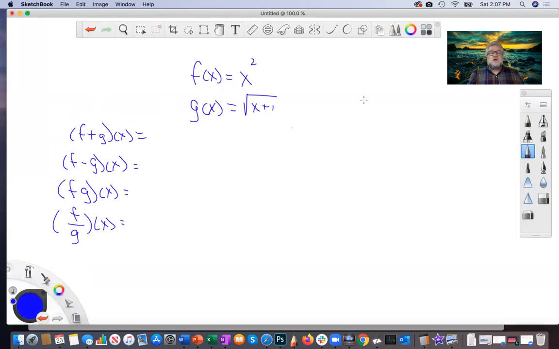So first one, f plus g of x. f of x plus g of x, so that's going to be x squared plus square root of x plus 1. We really can't simplify this at all.